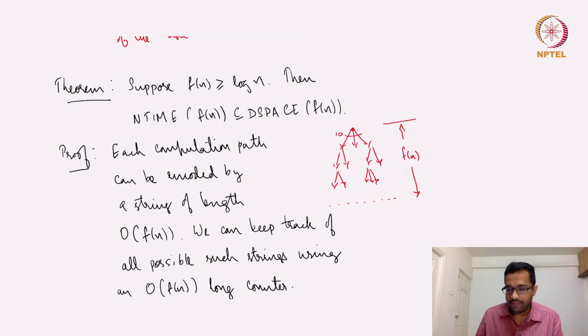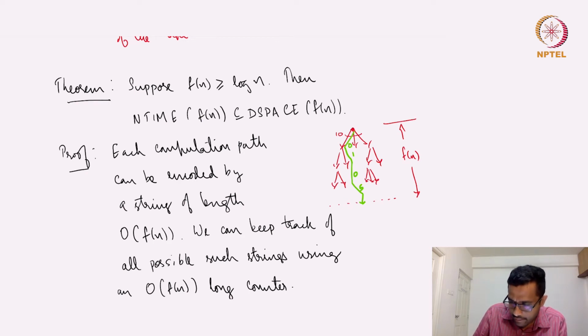So now we can encode each path that it takes. Let's take some path like this. You are saying that first I took the 0th branch, then the first branch, then maybe again the 0th branch, and then maybe the 5th branch, and so on.